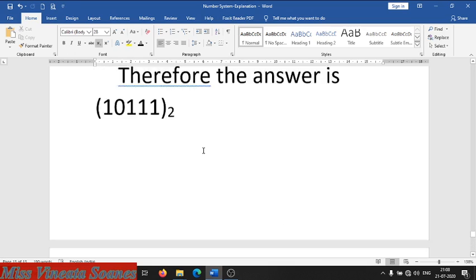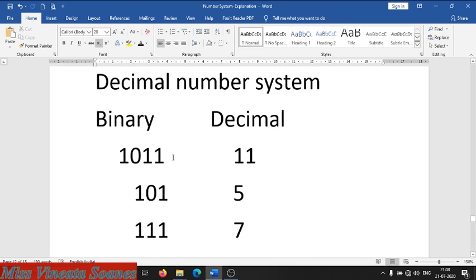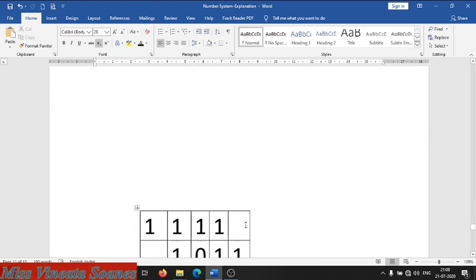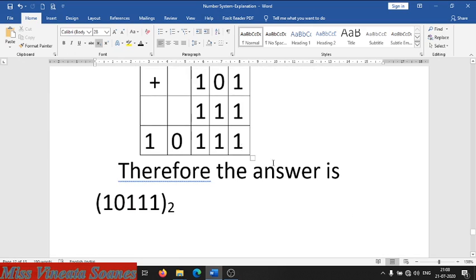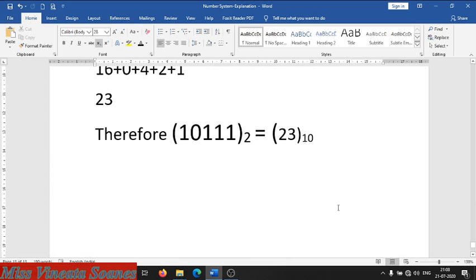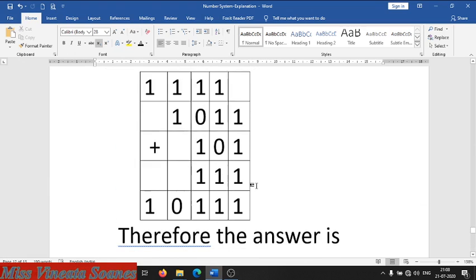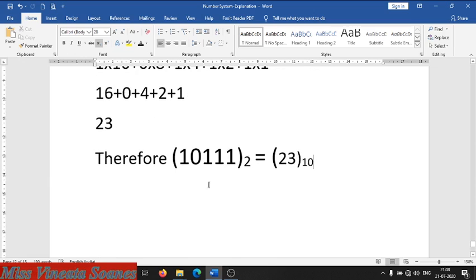So you see, for this one question you have to do a lot. Or else you can just do this in rough and then show it on paper so that you can score more, so that you show that you know the arithmetic as well as the conversion.